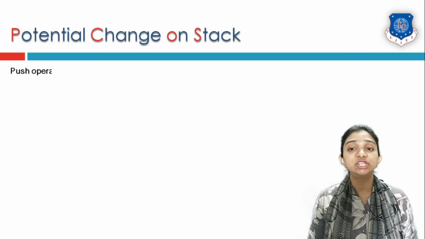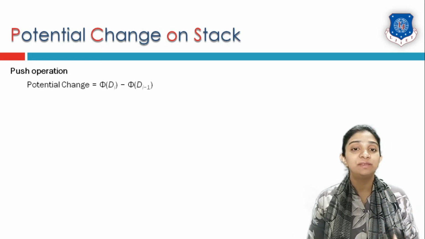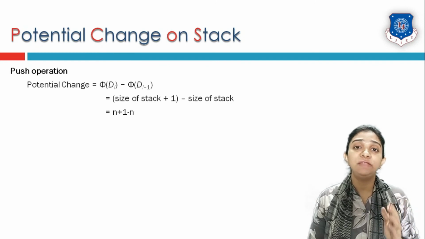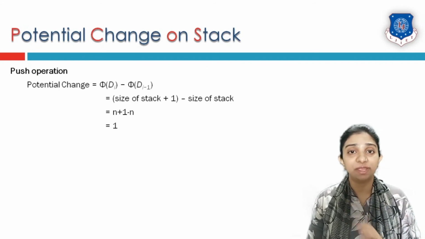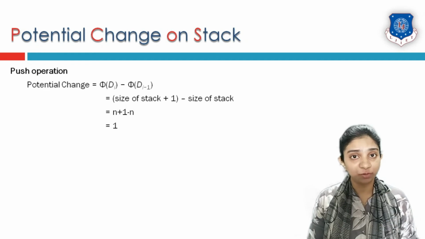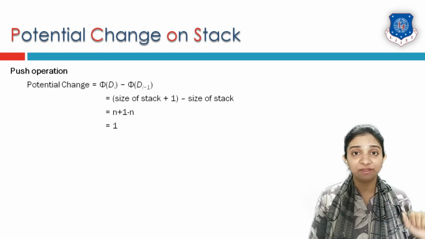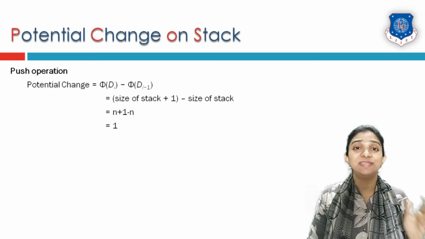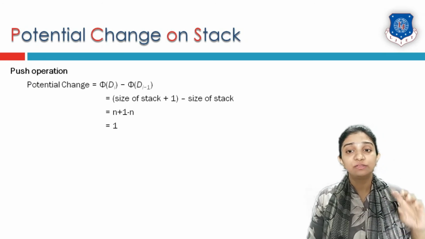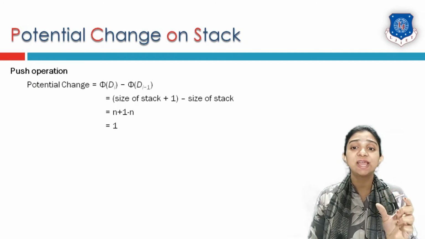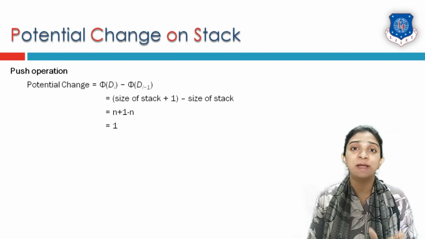Now, what is the potential change on a stack? Whenever we perform a push operation, the potential change is Φ(Di) minus Φ(Di-1). Φ is nothing but the potential. Potential at the previous stage is Φ(Di-1). Potential at the current stage is Φ(Di). So after performing the push operation, the size of the stack will be increased by 1.